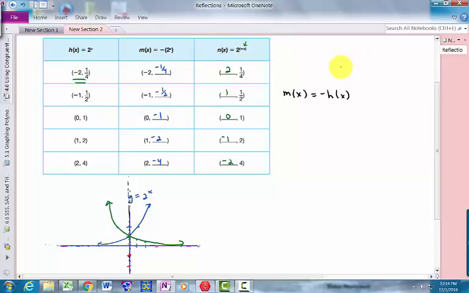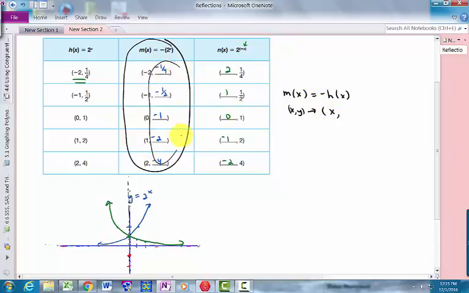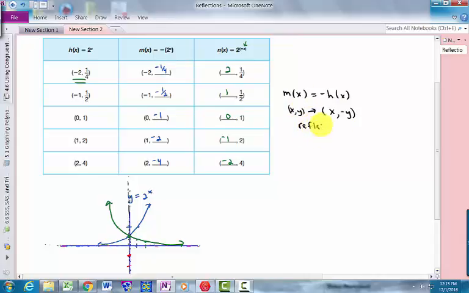And so that resulted in the original x comma y staying the same in x, but all of these y values became the opposite, x comma negative y. And that was a reflection in the x-axis.